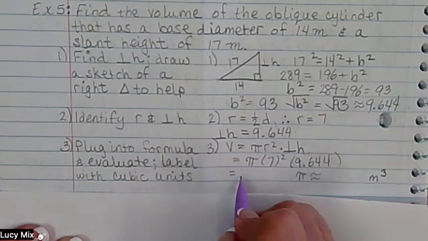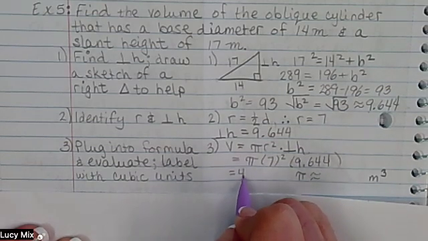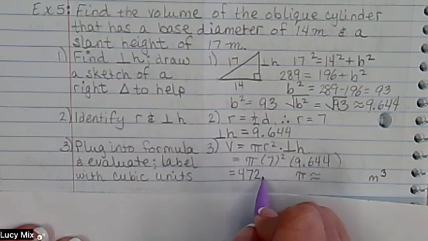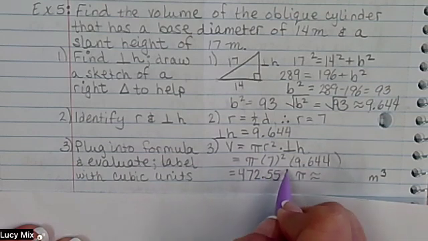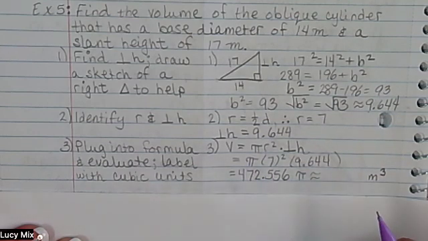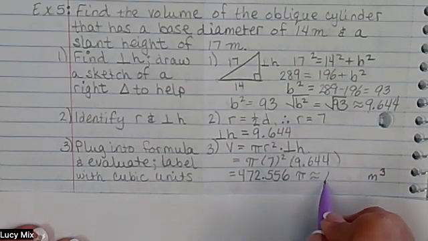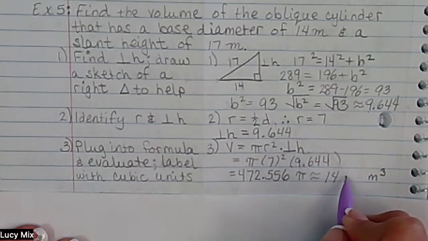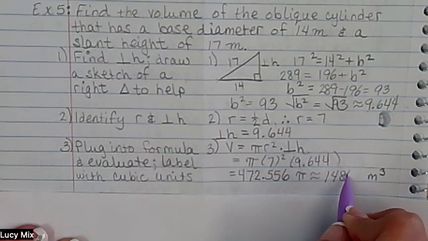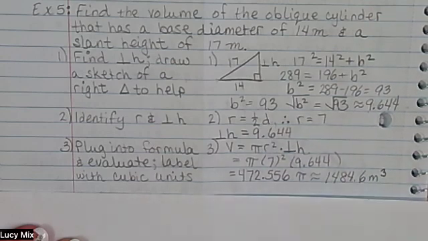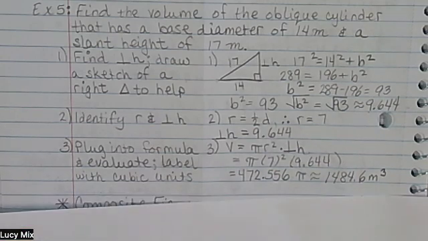Type that all in again to the calculator. 472.556 pi. And then again, use your pi button. It is more precise. And round off to the nearest tenth. So 1,484.6 cubic meters, or meters cubed.